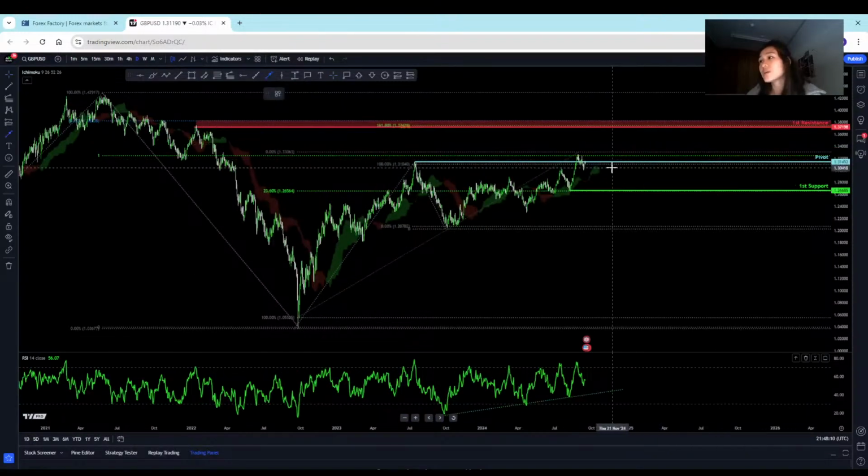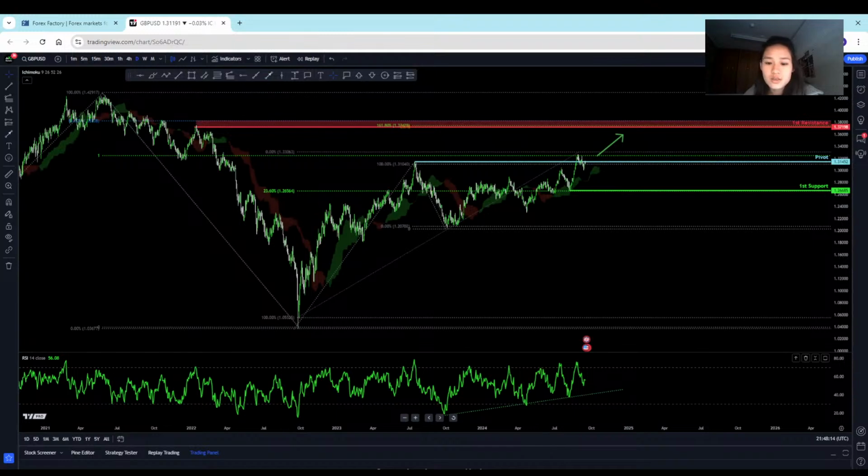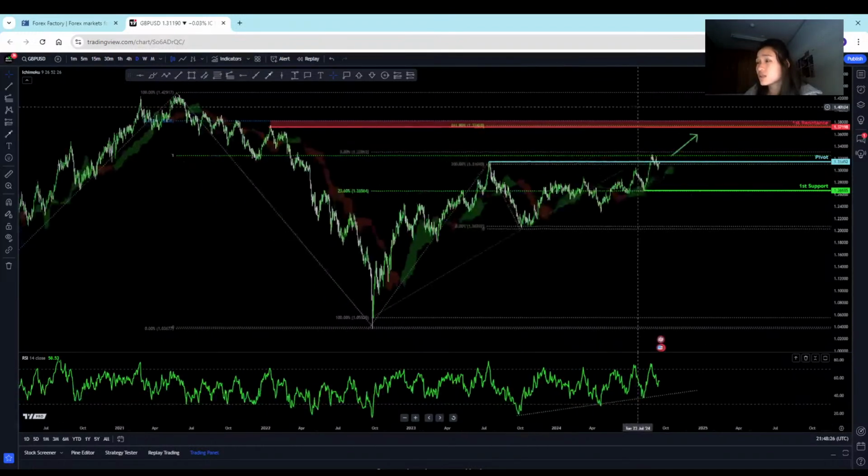Okay, so I am expecting prices to continue upwards towards our first resistance. Okay, so that's for pound dollar.